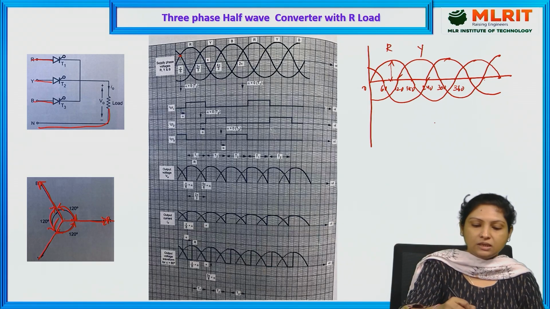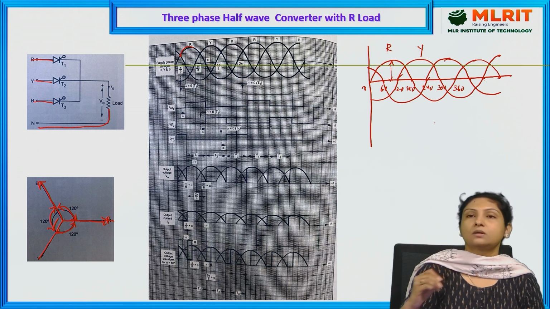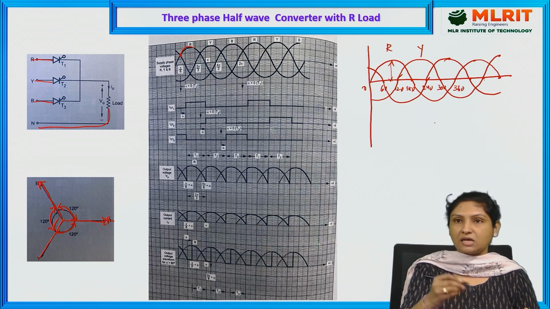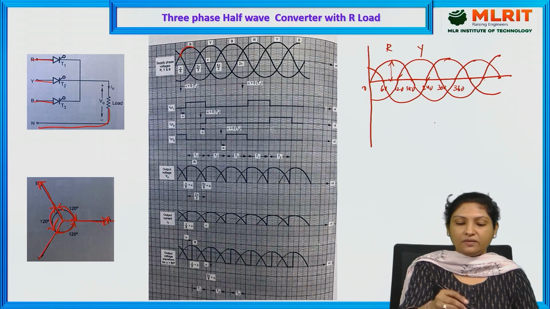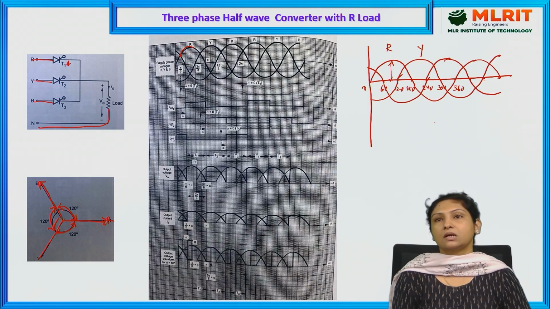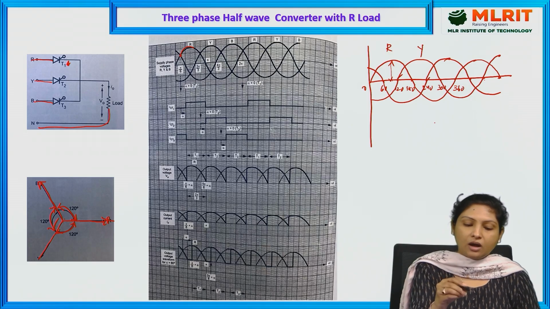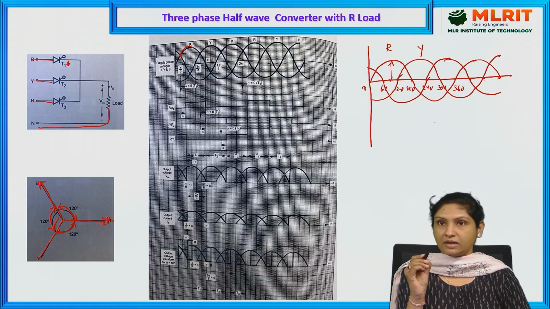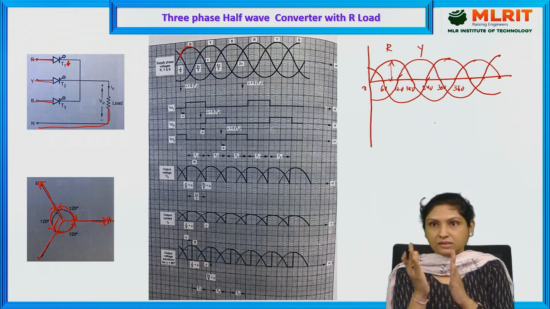And if you see, right from this zero crossing, R phase is more dominant. R phase has started. So if we provide the triggering pulse for thyristor 1, it starts conducting. And we need to choose the firing angle such that it exceeds this zero crossing.